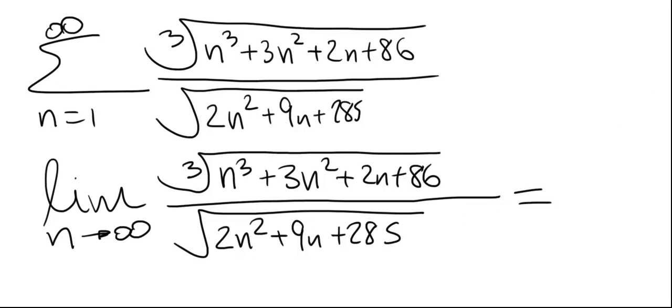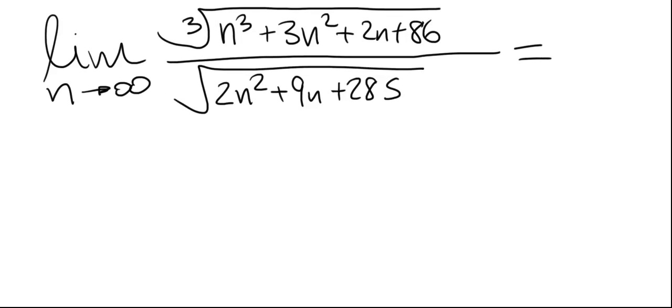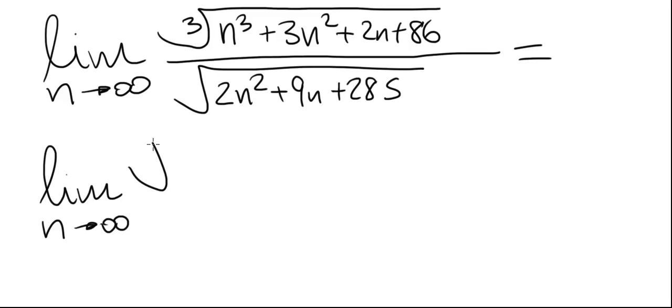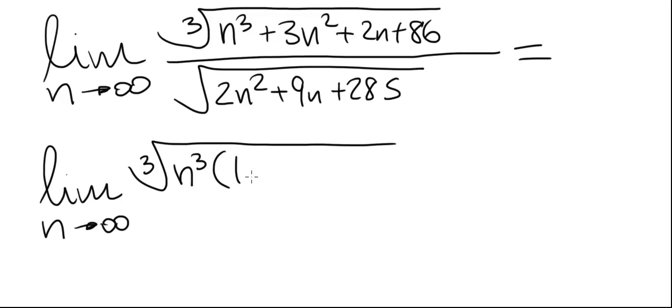Probably the easiest, simplest way to do it is to do some factoring. In the numerator we're going to factor the highest power of n, which is n cubed, and that leaves 1 where n cubed used to be, plus 3n squared over n cubed is 3 over n, 2n over n cubed is 2 over n squared, and 86 over n cubed.